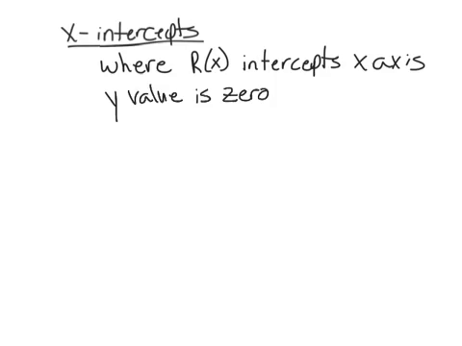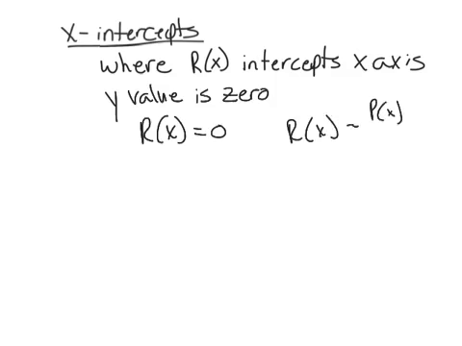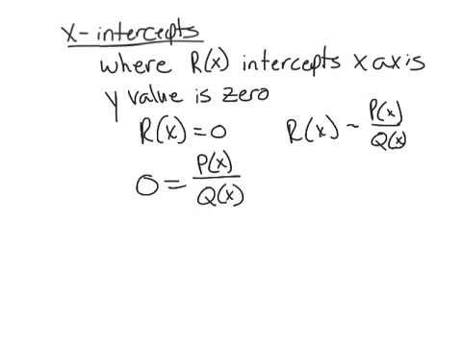That means my entire function is equal to 0. That's where my x-intercepts are. So if you think of your rational function, if r of x is a ratio of polynomials, then when you set that equal to 0, in order to find the x-intercepts, q of x isn't really involved.